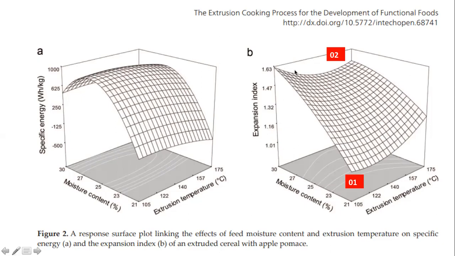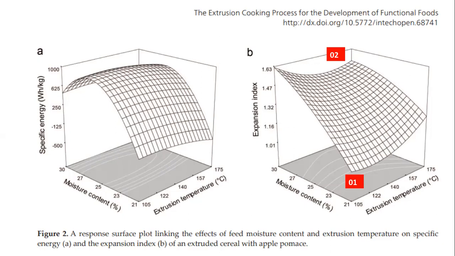Then what happened when we increase the temperature? What happened to the expansion index? It has been reduced. But here you can see when we increase the temperature, expansion index also increased. But here, when we increase the temperature, expansion index is decreased.